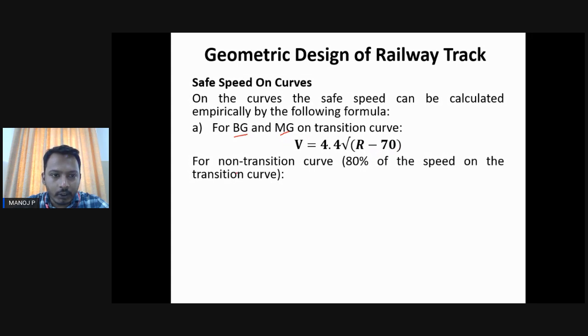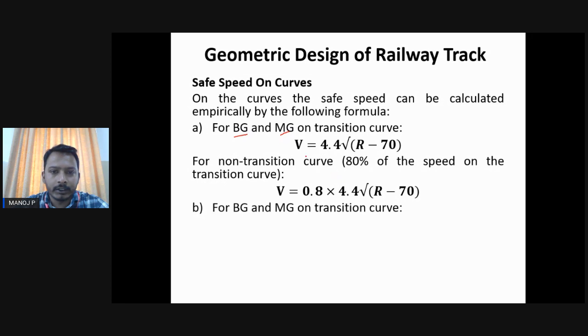Okay, if it is a non-transition curve, then 80% of whatever value you get here is the speed for a non-transition curve. That is 0.8 into the value you got with respect to the transition curve.